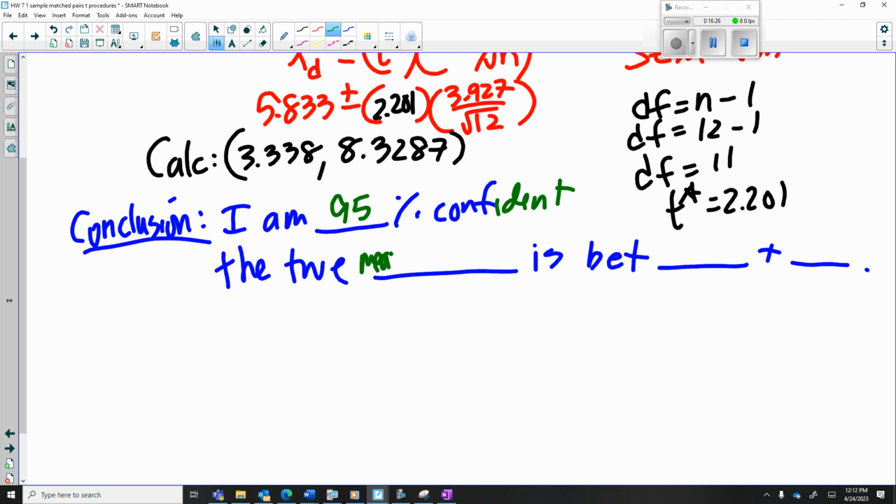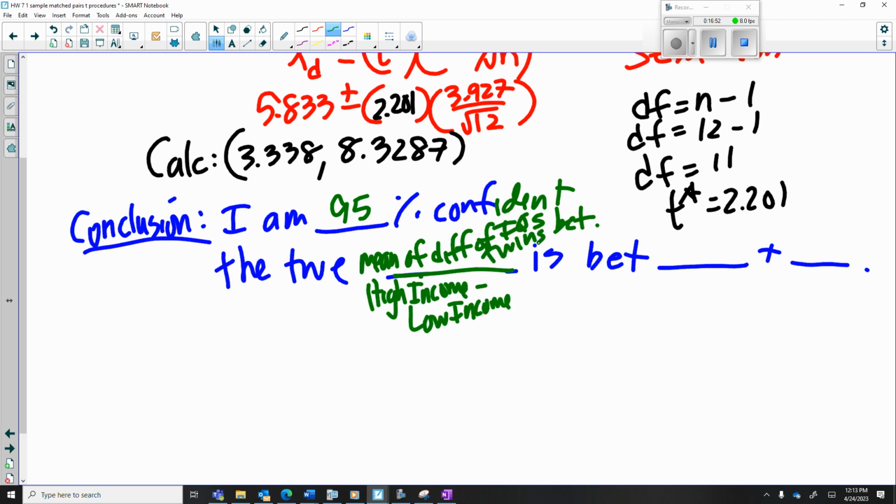The true mean of the differences of IQs between, we shouldn't say twin A and twin B because those were the samples, between, let's say, high income raised twins minus low income raised twins is between 3.338 points and 8.3287 points.